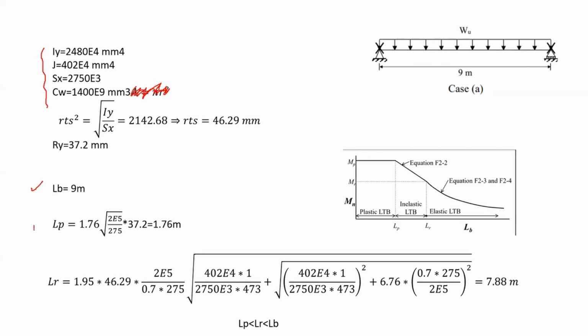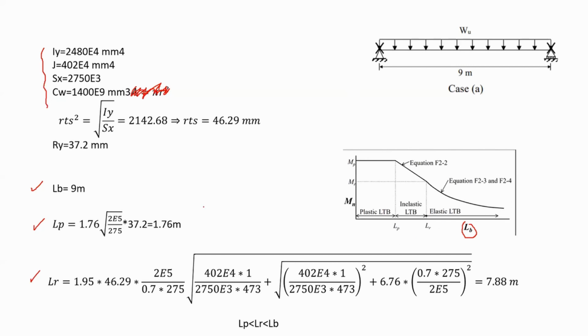First I have Lb, Lp, and Lr, since I'm going to consider the lateral torsional buckling. Now, let's talk about the length Lb. We have to check if Lb in here is less than Lp, or in between Lp and Lr, or is it bigger than Lr?